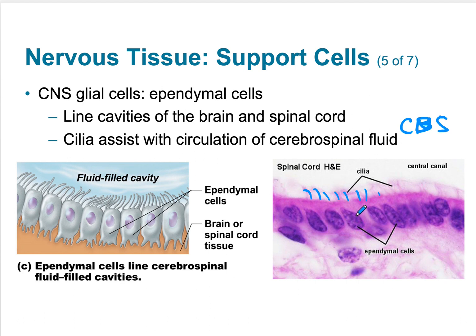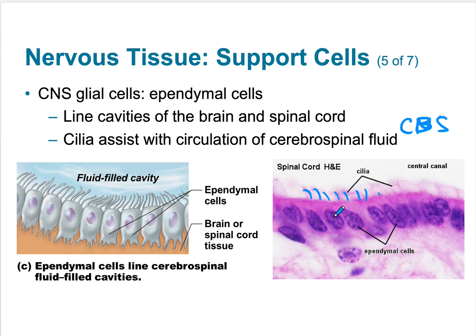It kind of bathes the brain and spinal cord. It's a fluid so that the brain kind of floats in the cranial cavity, because if it did not float, it would crush the brainstem. Okay, so it allows it to kind of float in this watery-like substance called cerebrospinal fluid.